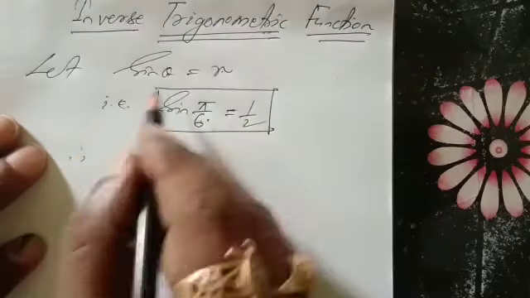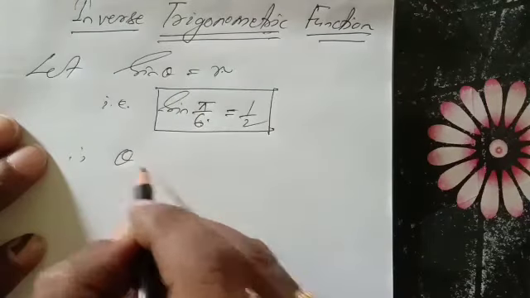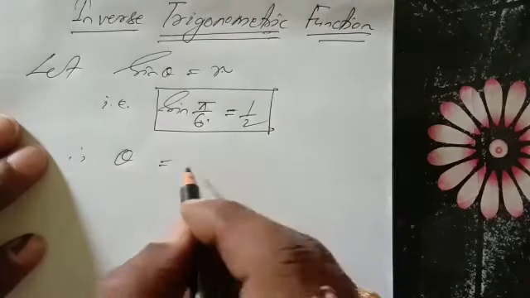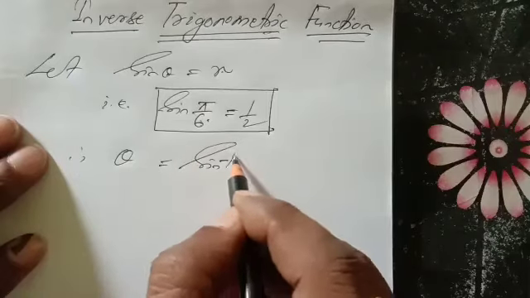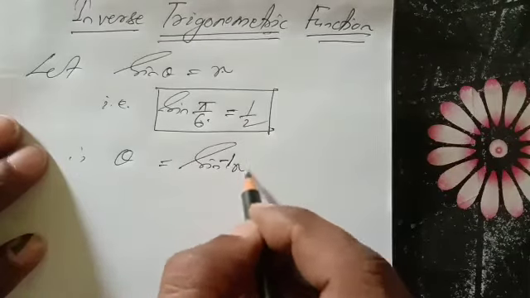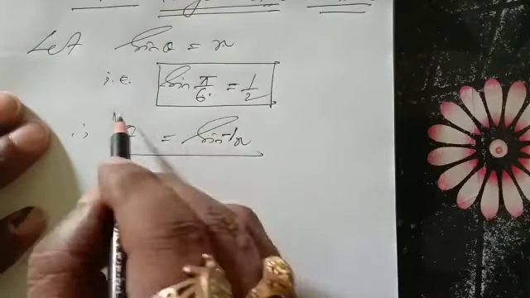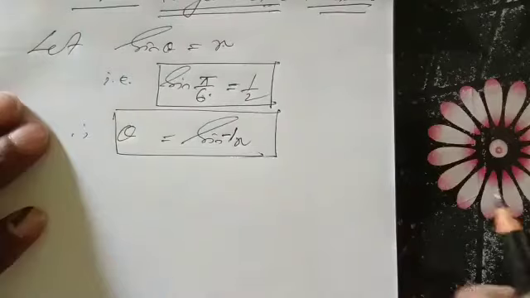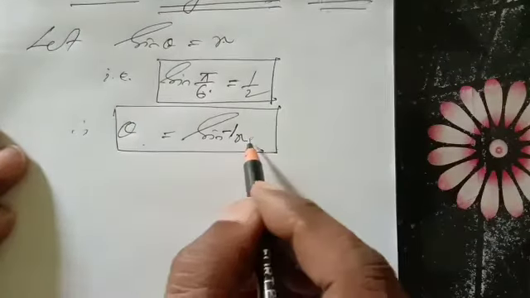Therefore, if you convert sine theta is equal to x into theta, then theta will be equal to how much? Sine will go there. Theta is equal to sine inverse x, sine to the power minus 1, sine inverse x. This is the notation. Sine theta equal to x means theta is equal to sine inverse x.